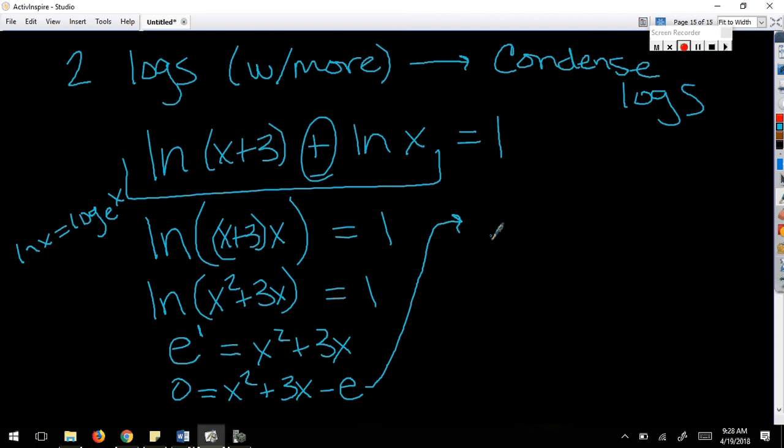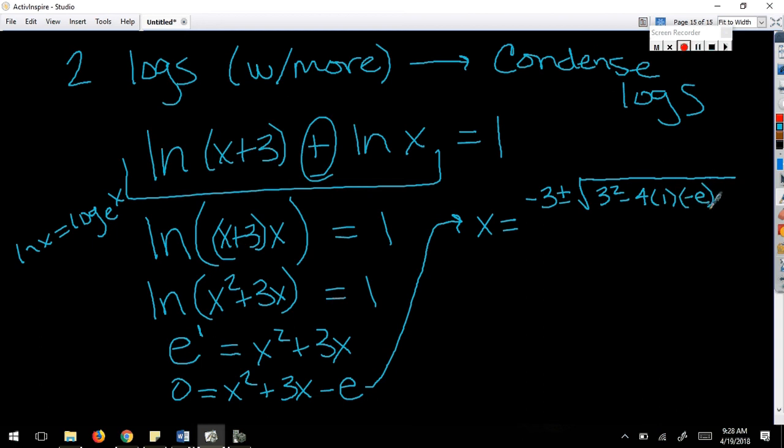Let me just set up the quadratic formula for you so you see what happens with the e, and then I'll give you your homework. Opposite b, plus or minus the square root of b squared minus 4 times a times c.